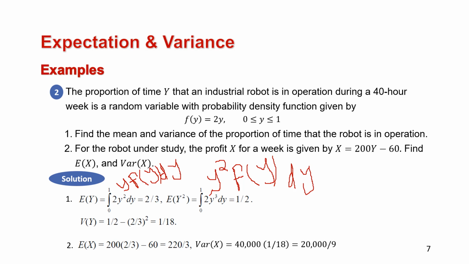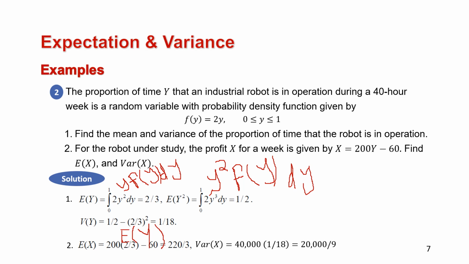The expected value of x equals 200 times the expected value of Y, which is 2 over 3, minus 60.